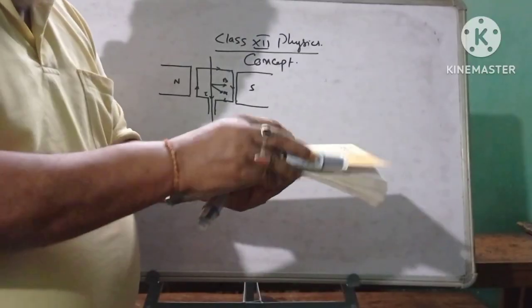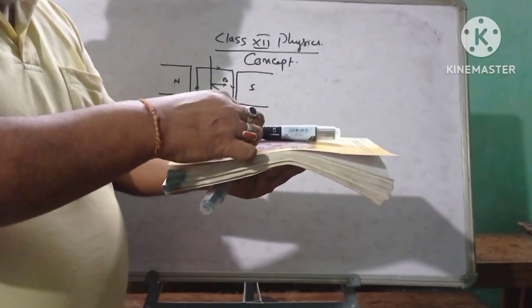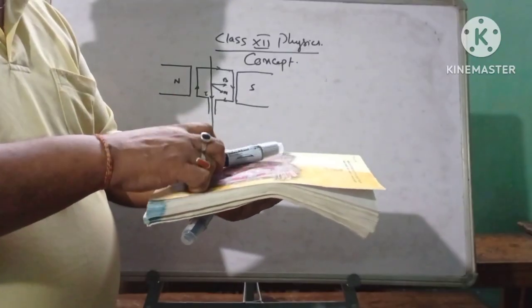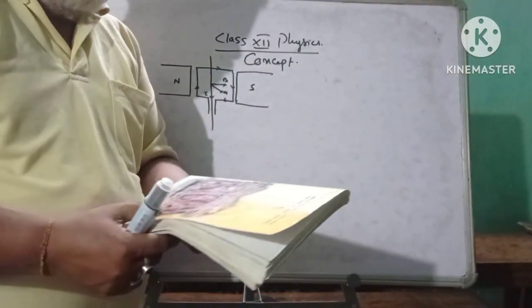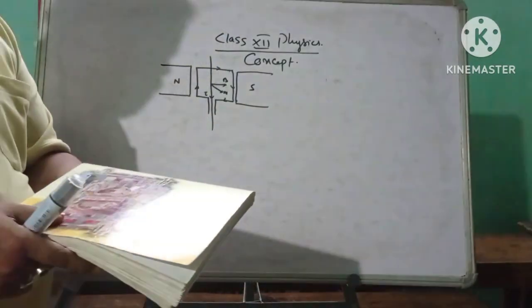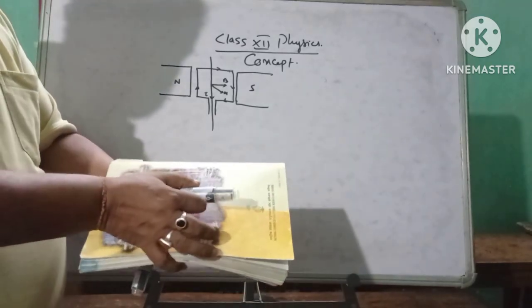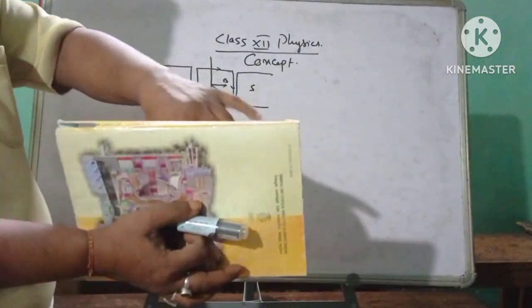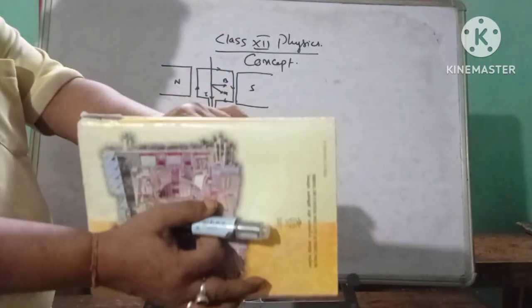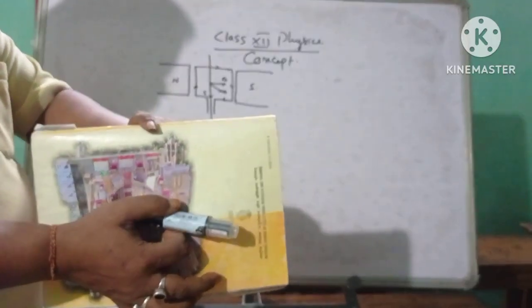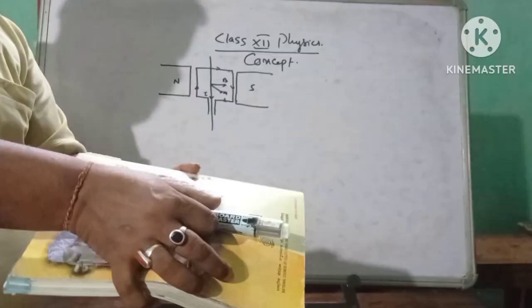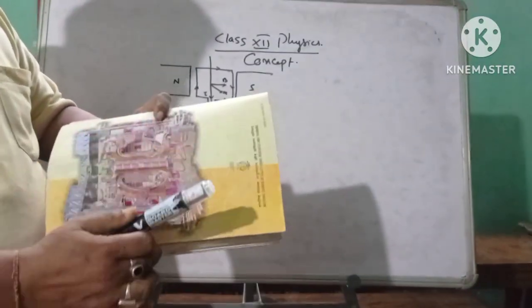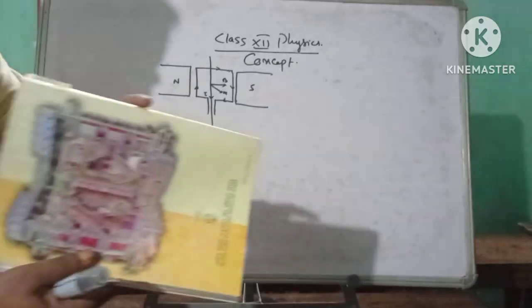So your torque will be in this direction, perpendicular to both the magnetic field and the dipole moment.